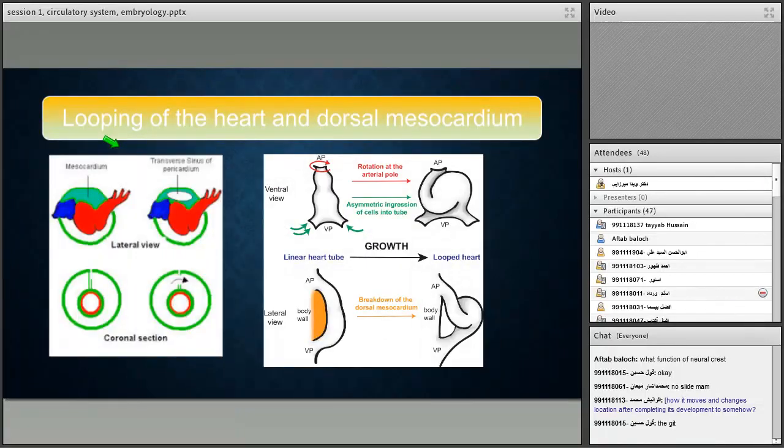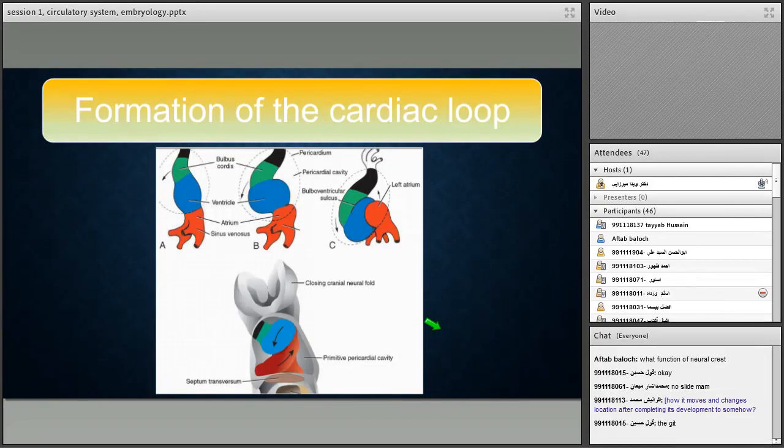In this slide also we can see the dorsal mesocardium and the folding, which forms the transverse sinus formation. And here we can see the forming. This part is showing the precardial cavity. At the end, we can see that all parts of the tube would be placed into the pericardial cavity. But how? What is the formation?